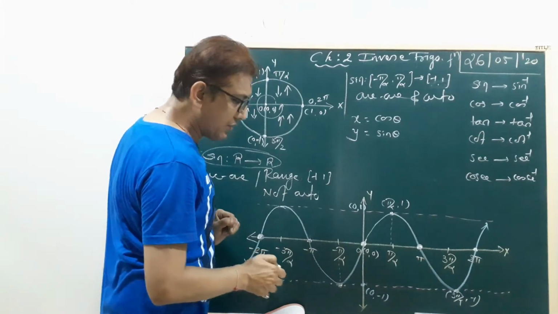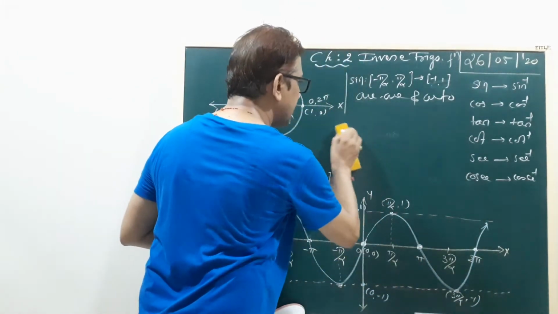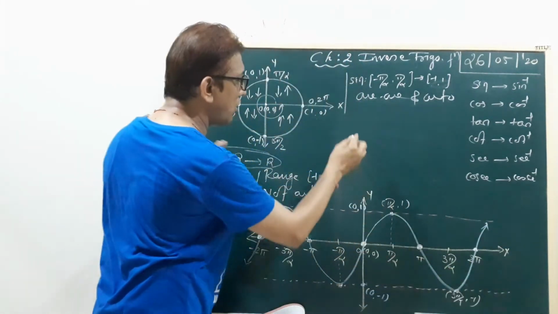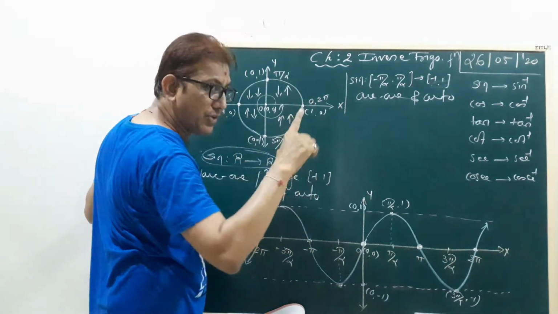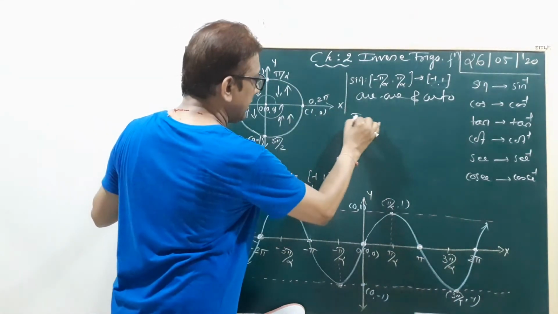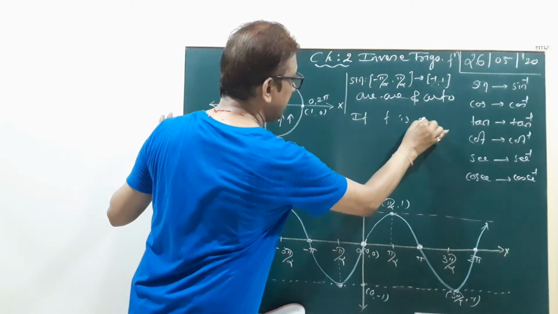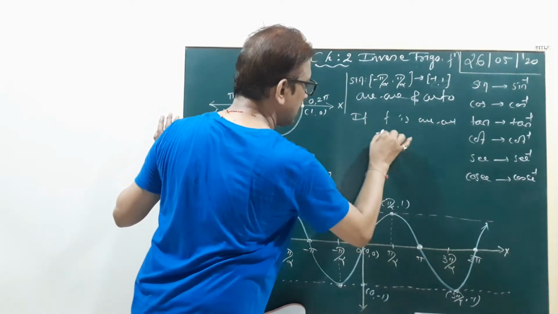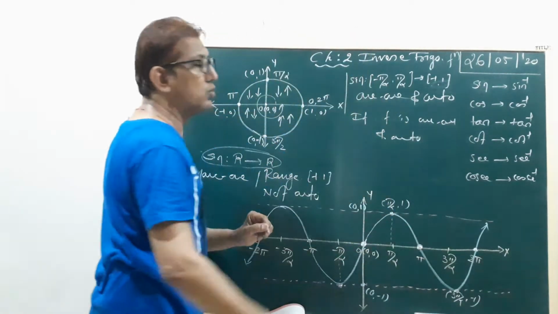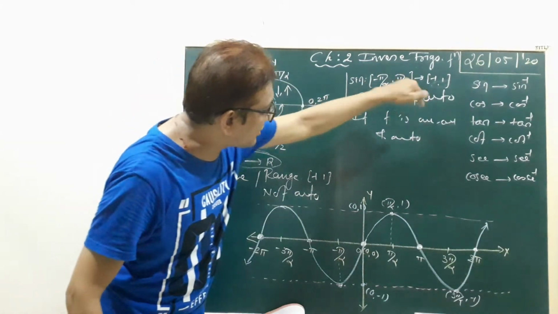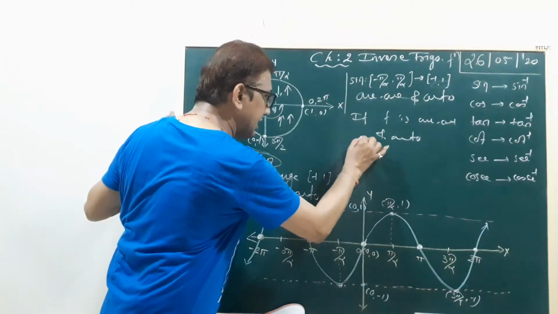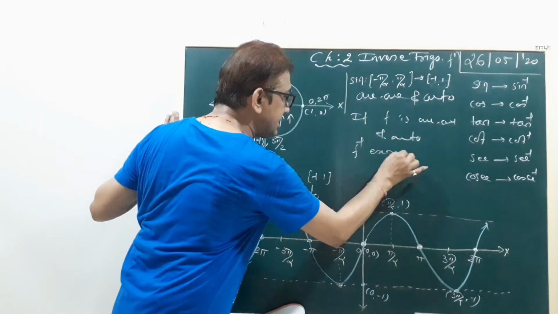We find the inverse function. But what is the condition for an inverse function? Already discussed in the first chapter: if f is one-one and onto, then f inverse exists.